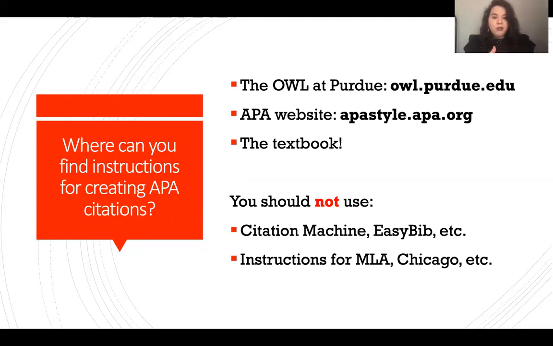They usually build the citations incorrectly, and then that puts you in another position of trouble. So just do yourself a favor and do them yourself. And then instructions for MLA style or Chicago style are also insufficient. They're different from APA, and you want to make sure that you're using the correct punctuation and emphasis on the text, things like that.